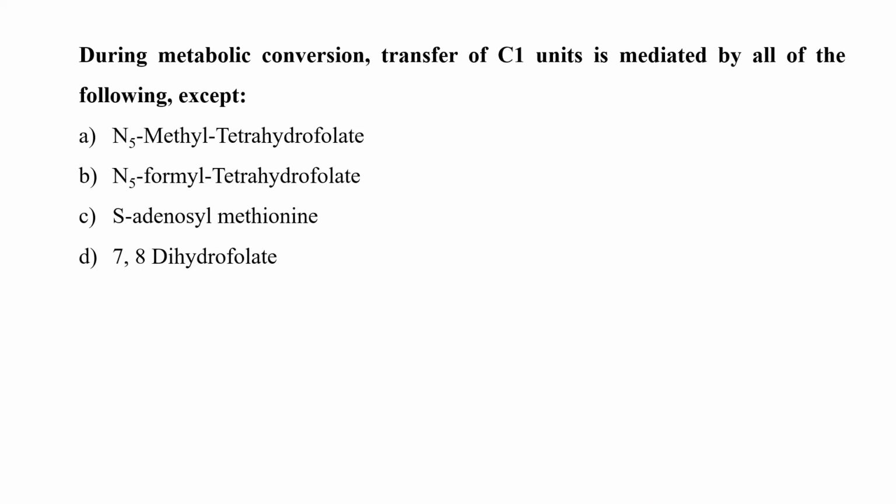Our next question is, during metabolic conversion, transfer of C1 units is mediated by all of the following except. One carbon metabolism contains 3 critical reactions: the folate cycle, the methionine cycle, and transsulfuration pathway.